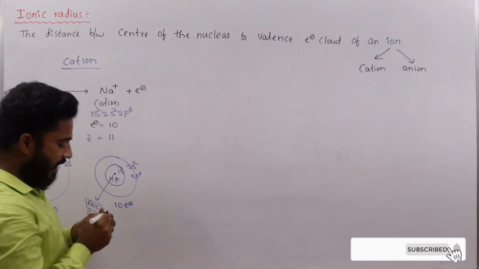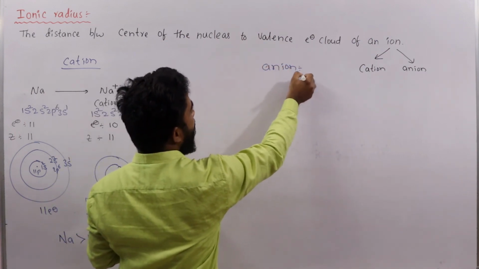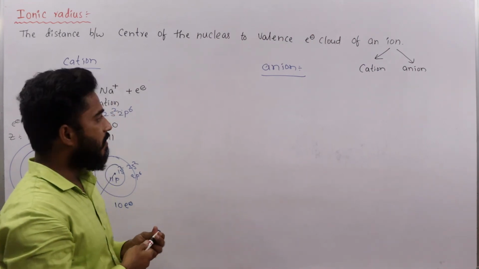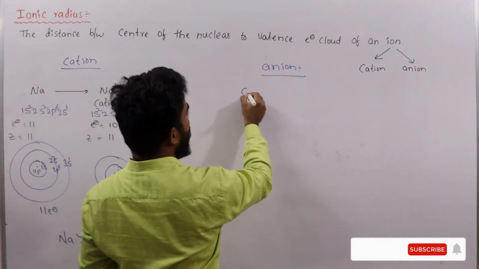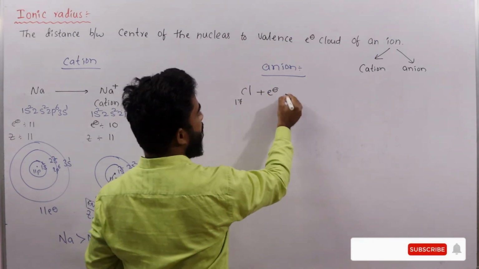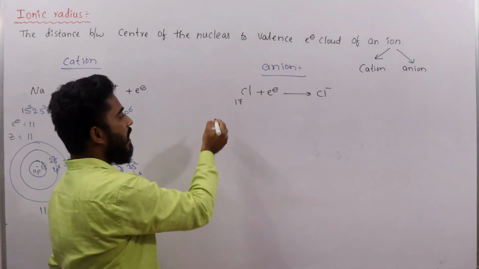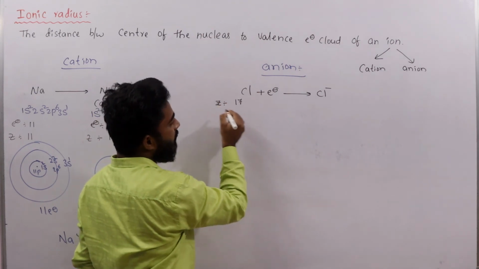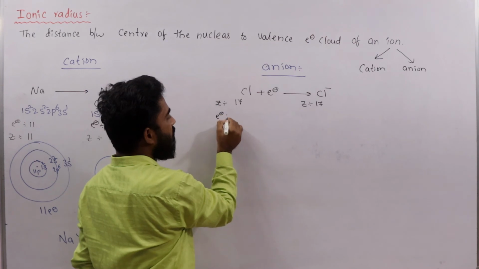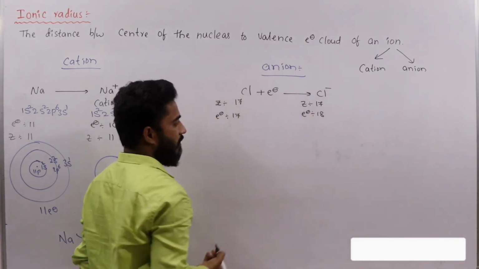Let us see for anions. If you take an anion, how does anion formation take place? By the gaining of an electron. So if you take chlorine, atomic number 17, when this chlorine gains one electron, it changes to Cl-. Here atomic number 17, here also atomic number 17. Here number of electrons 17, here 18 electrons.